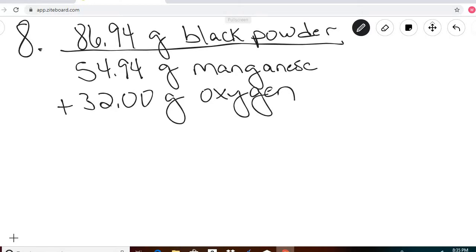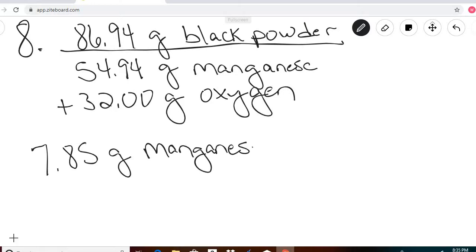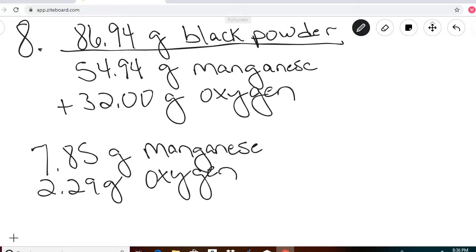Okay, so now question number 8 says that you're going to react 7.85 grams of manganese and 2.29 grams of oxygen, and that is going to give us 10.14 grams of a powder.